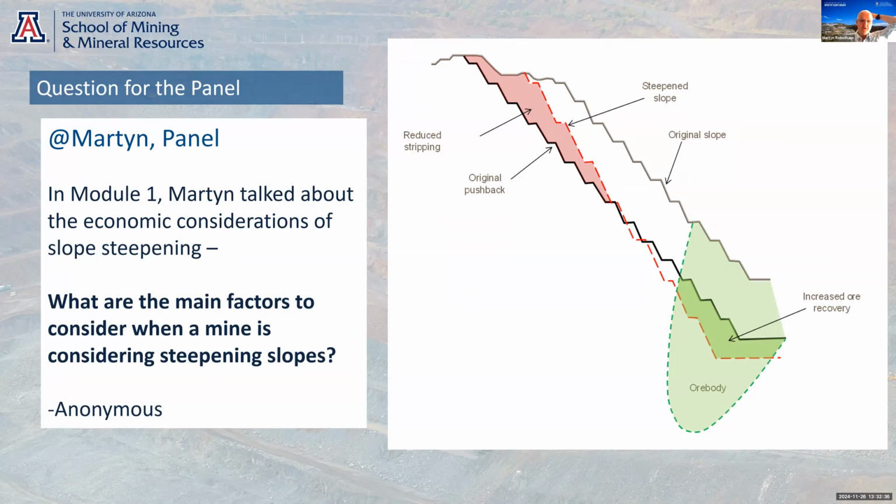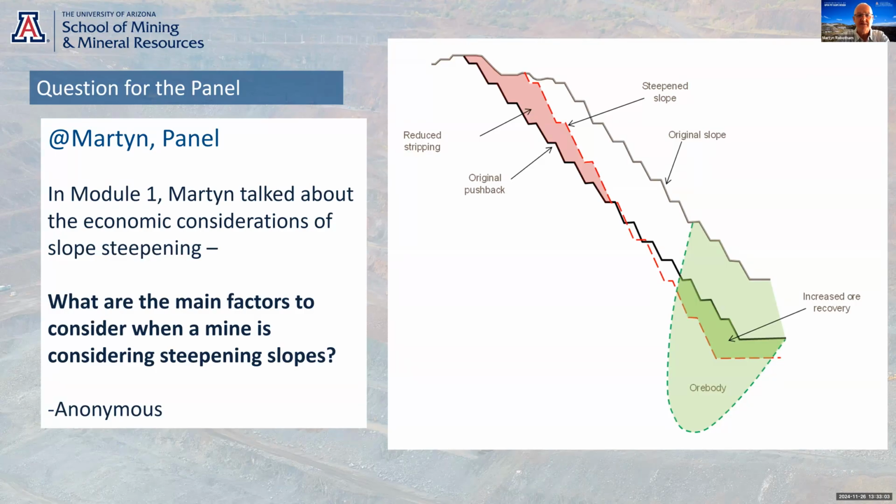Thanks, Jill. Look, a really good question, and I must admit I really love this very simple image, which hopefully you can all see and can all understand. I think a lot of the main factors we've already touched upon. I guess, you need to understand the mechanisms you're designing against, and you need to understand the risks to the mine that you can and can't tolerate, which reflects back to Mark's comment around your design acceptance criteria.